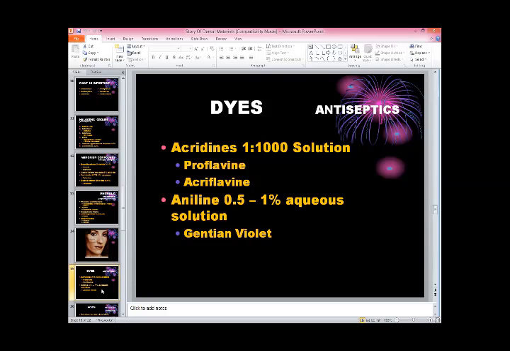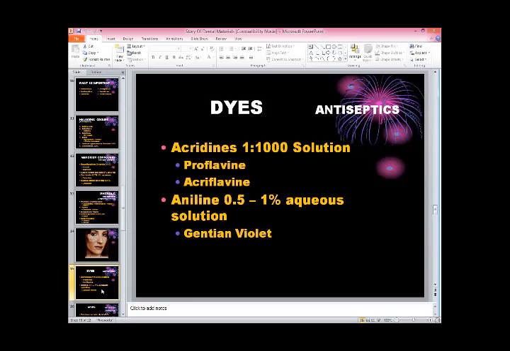And these dyes are helpful for us in the dental field. Trichloroacetic acid 40% and chromic acid 5 to 20% also provide us very good antiseptic qualities if we are using them in the oral cavity.